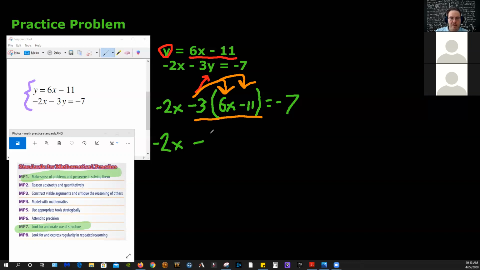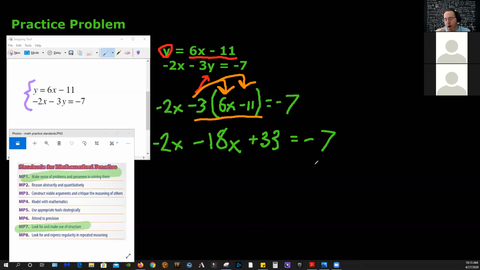That would be negative 18x, because negative 3 times 6 is negative 18. Now, what is negative 3 times negative 11? Well, negative times negative makes positive. So negative 3 times negative 11 would be positive 33. And we still have an equal sign, and we still have negative 7.